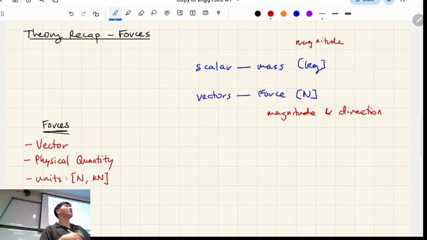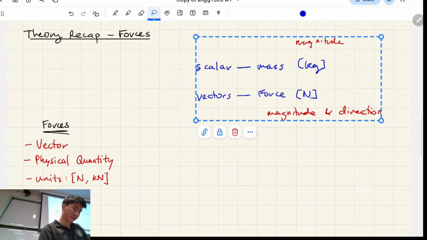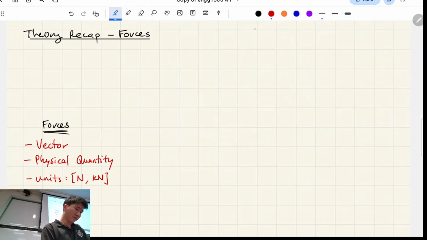Everyone's done Physics 1A, so you should have heard this before at some point. That's the first thing to note about forces, and you'll see how that plays into the rest of this. The other thing to note is units. Sometimes forces will be given to you in newtons, and sometimes in kilonewtons. There are 1,000 newtons in 1 kilonewton. So that's the conversion rate.